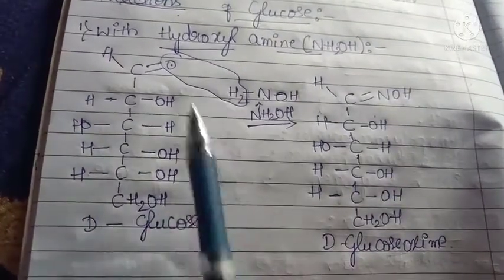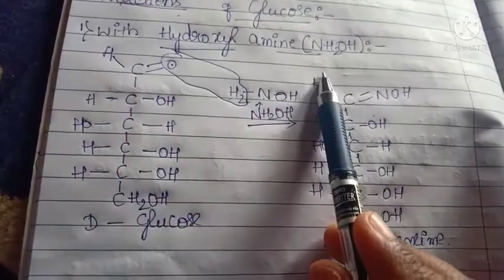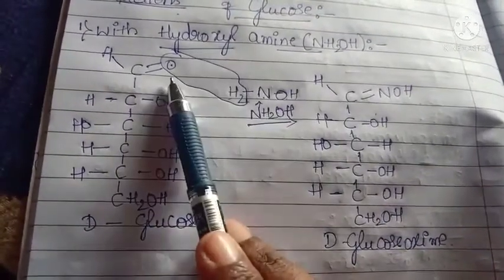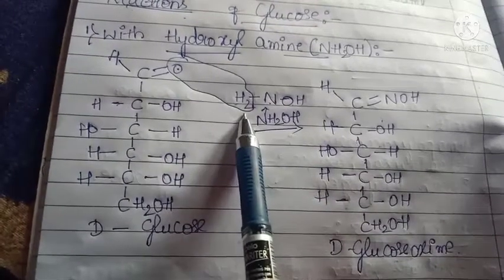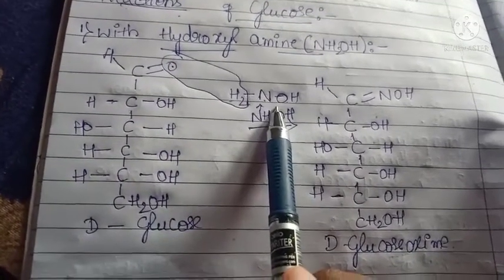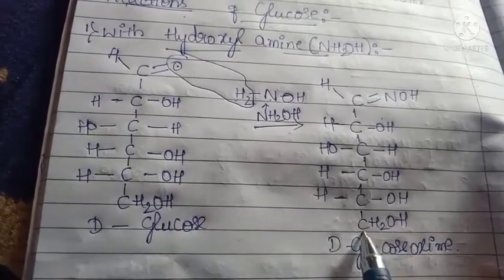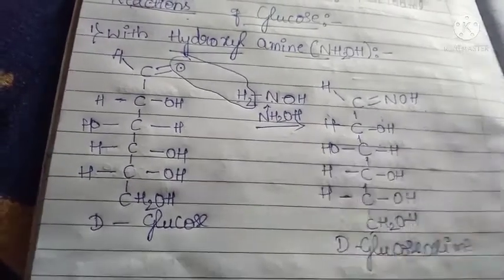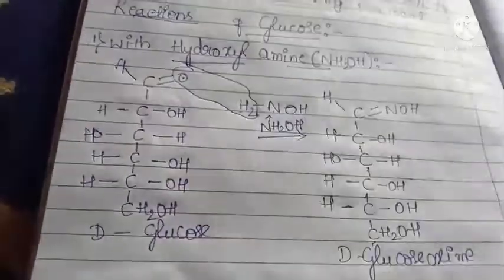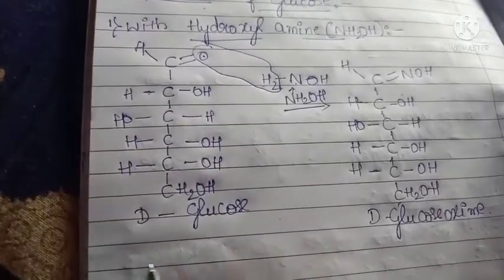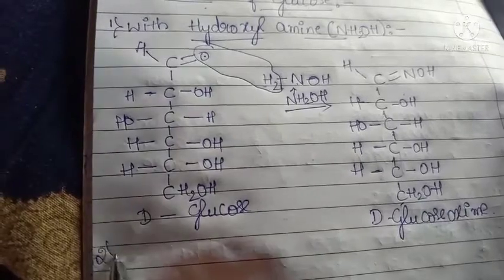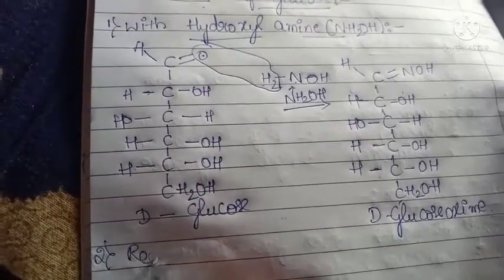This is all about the reaction with hydroxylamine. Here a water molecule is removed, the oxygen atom from the glucose and hydrogen atoms from the hydroxylamine, so it gives an oxime. Next, the second one is reaction with hydrogen cyanide.